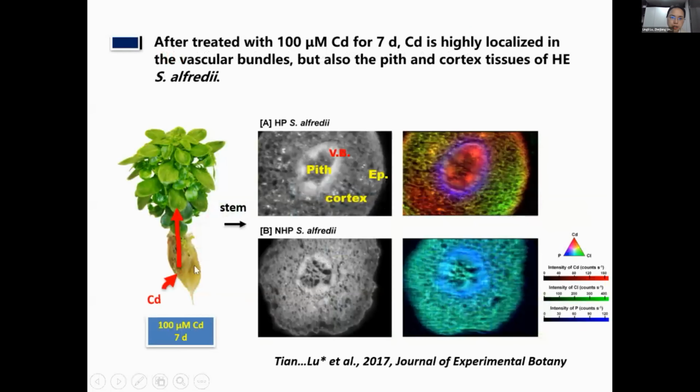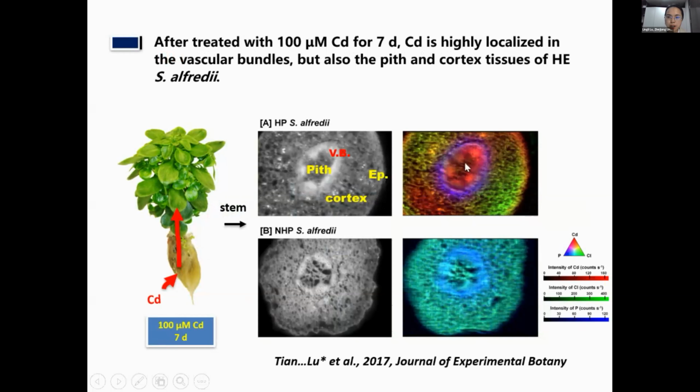And we can see after treatment with cadmium for 7 days, in the HE type, which is the hyperaccumulating ecotype, the cadmium is highly localized in the vascular bundles, but also the pith and cortex tissues of this ecotype. But in the non-hyperaccumulating ecotype, there's no cadmium here. So this means the cadmium is efficiently translocated with the xylem from the roots to shoots.